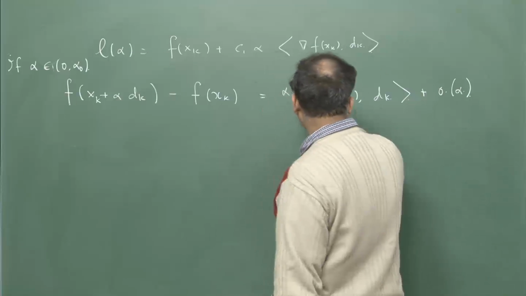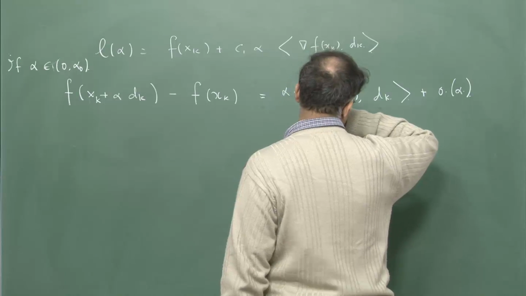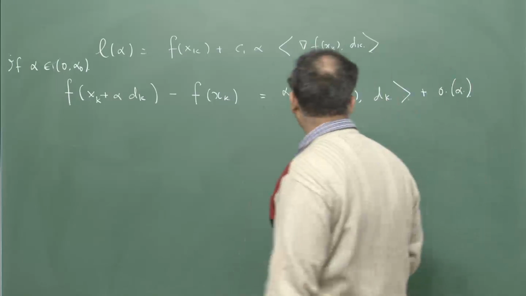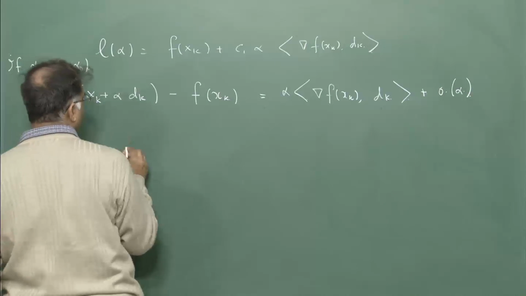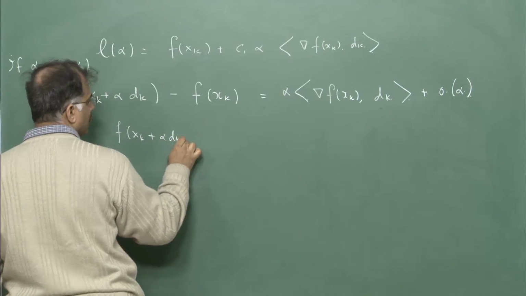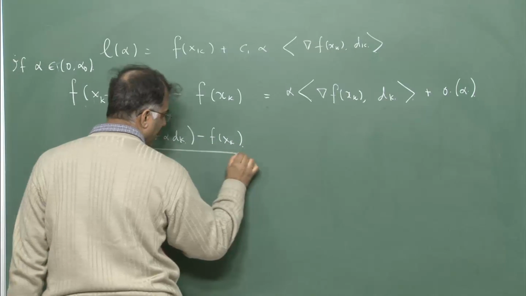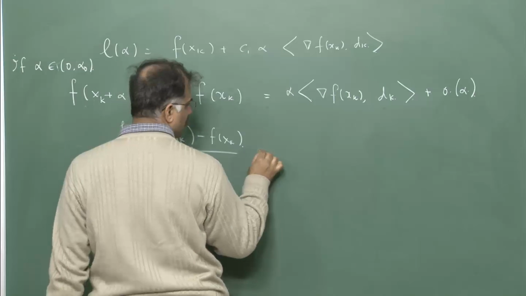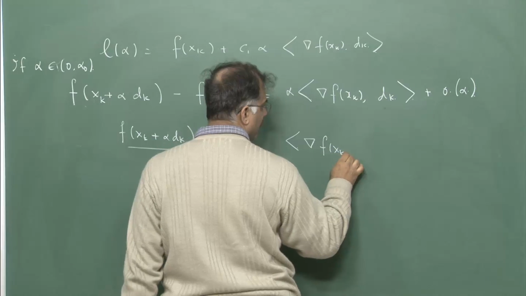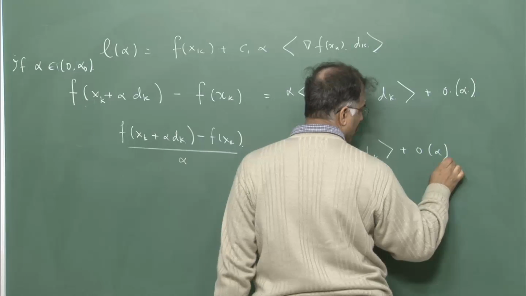Now I know that this is also strictly less than 0. For alpha very small, if I divide by alpha, I will have f of xk plus alpha dk minus f of xk, divided by alpha, is equal to grad of f(xk) dk plus o(alpha) by alpha.